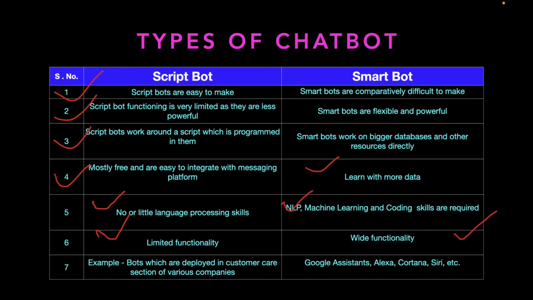And then we talk about examples. Script bots are the bots deployed in the customer care section of various companies. We have seen examples. And then smart bots are Google Assistant, Alexa, Cortana, Siri. I'm sure you must be having one of these.